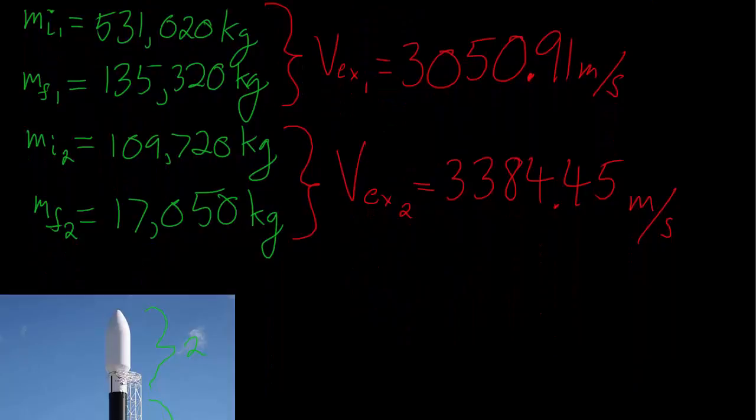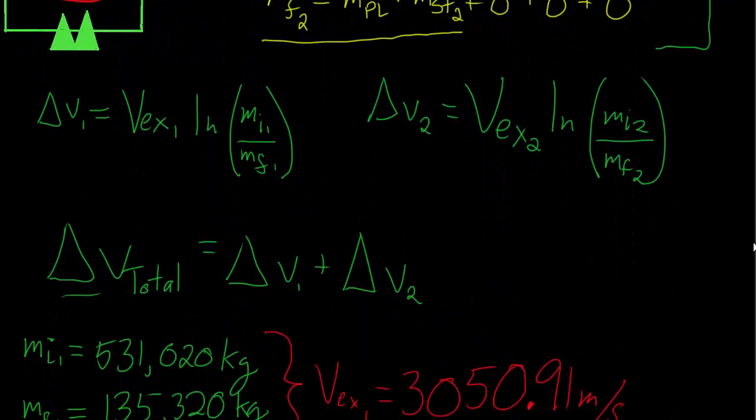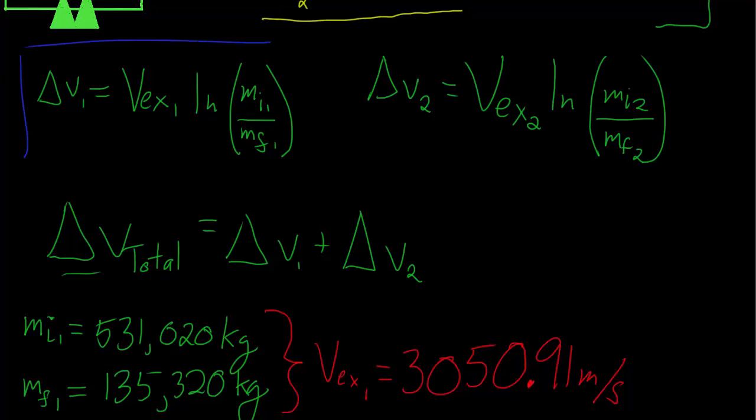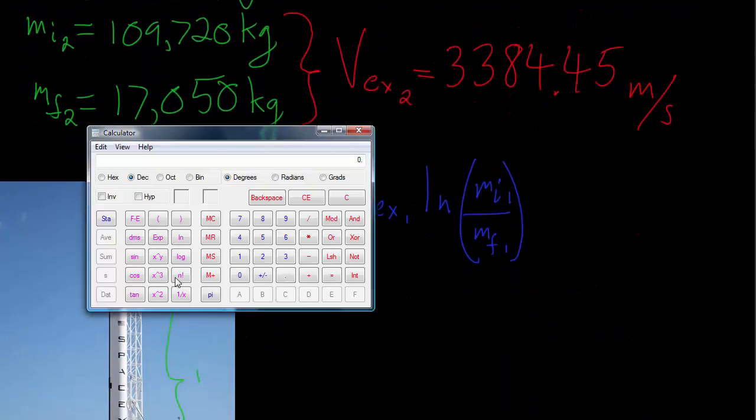Let's do that over here. So for the change in velocity, let's do this in blue. The change in velocity for stage 1 is equal to our exhaust velocity for stage 1 times the natural log of our initial mass for stage 1 divided by our final mass for stage 1, which is the same equation we wrote up here. We can calculate that with a calculator.